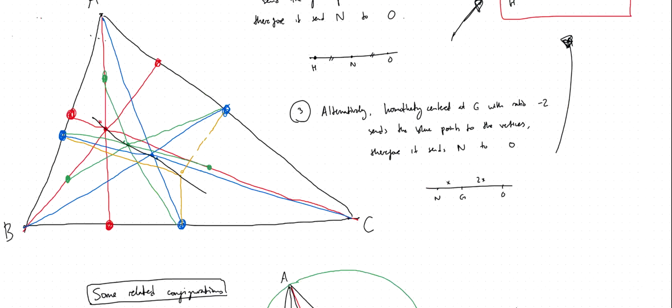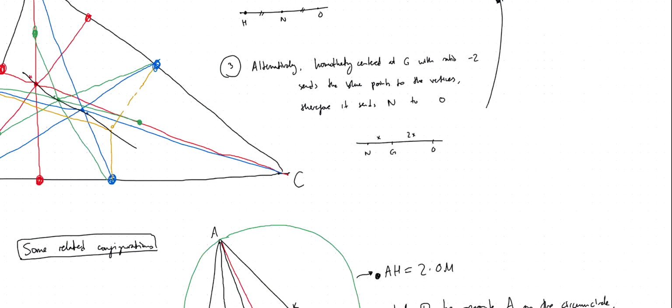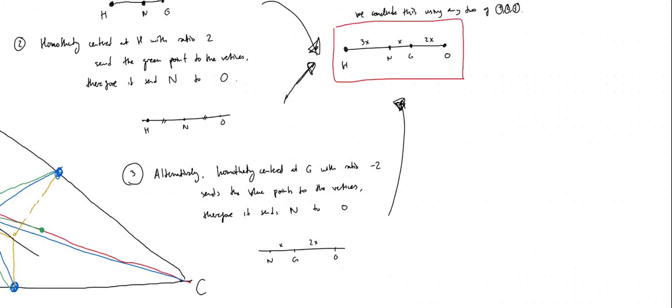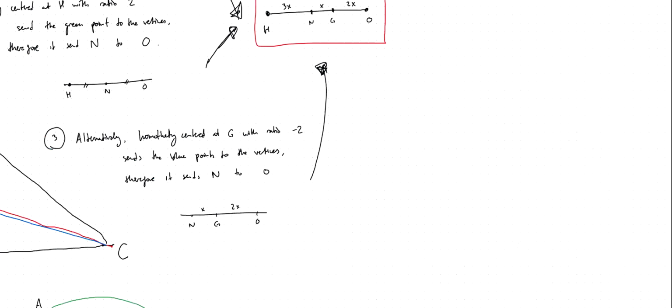Again, the same thing: the 9-point circle is half of the circumcircle. This is what we already saw on the previous page. The 9-point circle is half the size of the circumcircle.